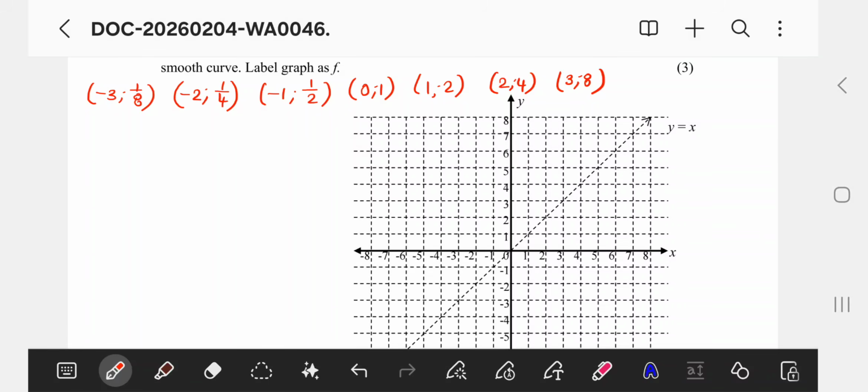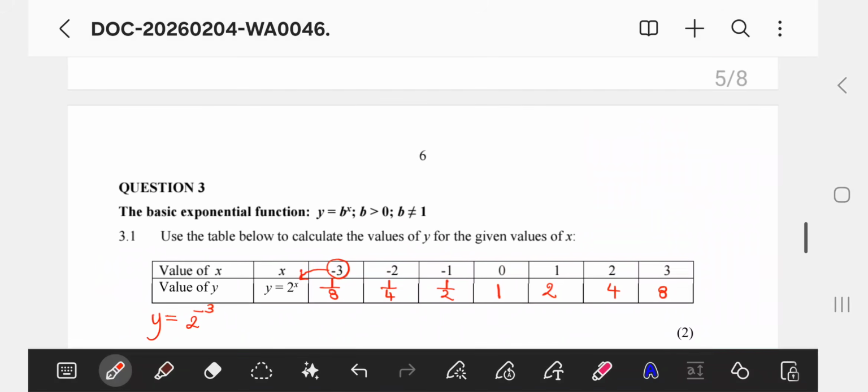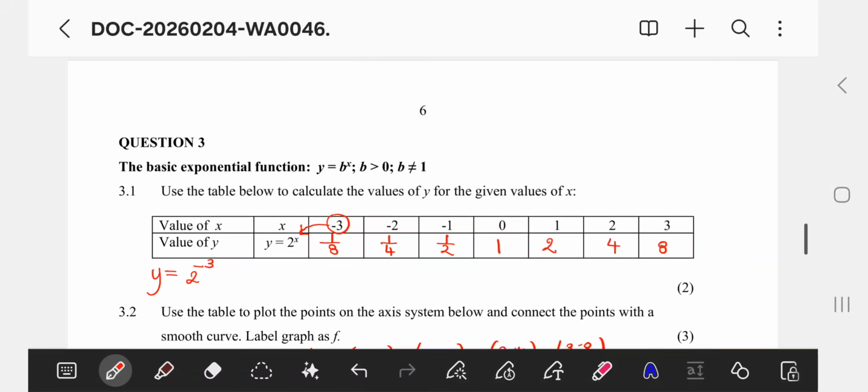Okay, but before I plot any of those coordinates, I just want to remind you guys that exponential functions have an asymptote, particularly a horizontal asymptote. And the horizontal asymptote is usually given in the equation, where the normal equation is in the format a times b to the power x. There could be a p-value, so like a horizontal shift, plus q.